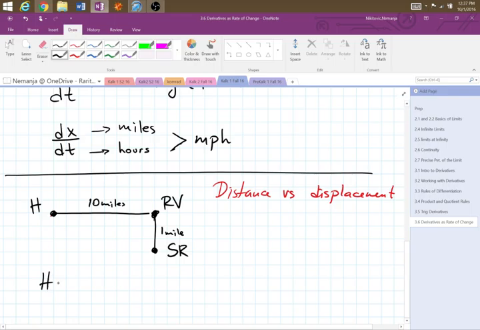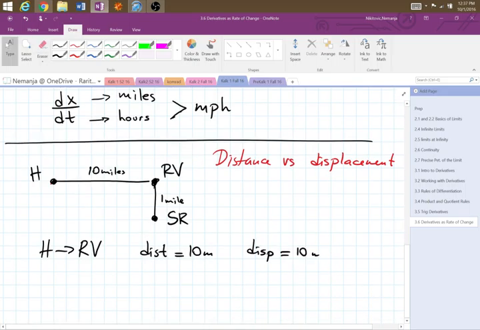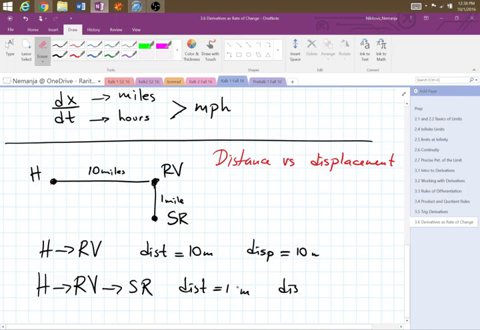If you go home to RVCC, distance equals 10 miles, displacement equals 10 miles. If you go home to RVCC to ShopRite, distance is 11 miles, and displacement is 11 miles.